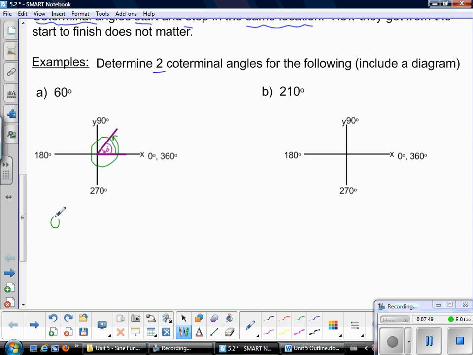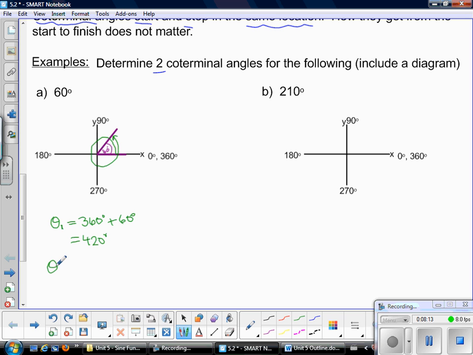So one of my coterminal angles, and I'm just going to use a subscript, so theta 1, could be 360 plus the 60 for a total of 420 degrees.